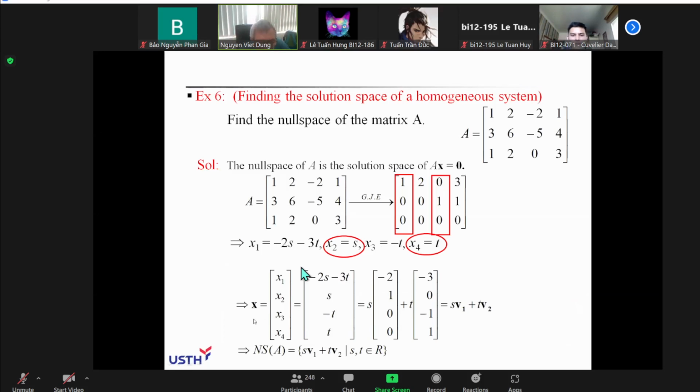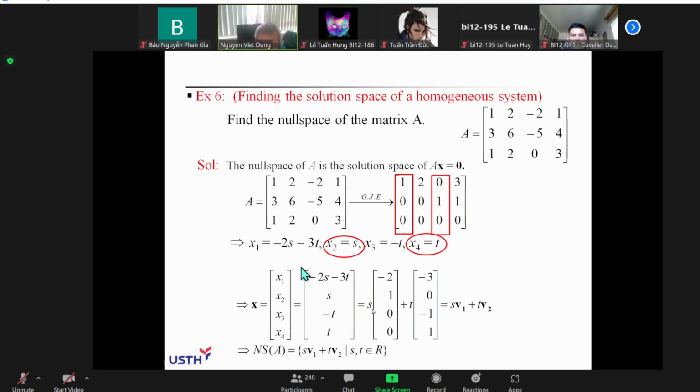So now our solution is x equals (x1, x2, x3, x4). We write it here: x1 to be here, x2 to be s, x3 to be minus t, and x4 is t. And there is one thing you need to do here: suppose you know the solution to be like that, you need to write it in the form s v1 plus t v2.